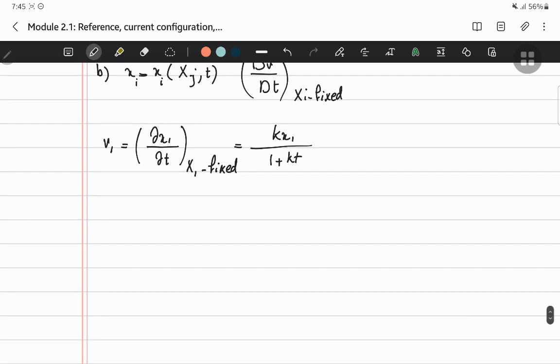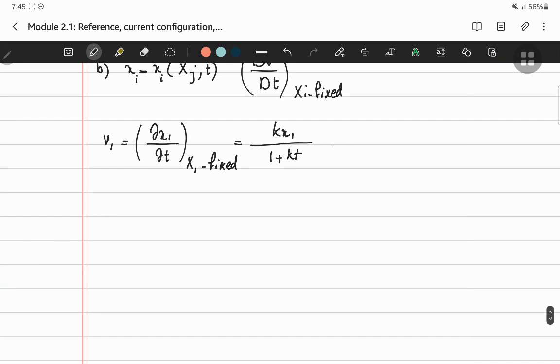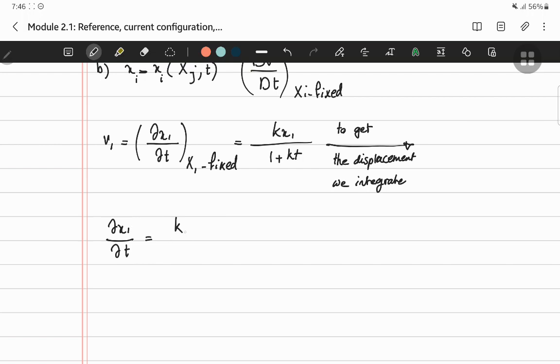So if you have this, then you have to integrate to get the displacement. We integrate, right? All right. So we have the partial derivative of xi with respect to t equal to k x1 over 1 plus kt.